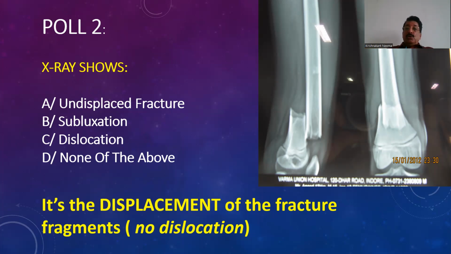Good. So this is an X-ray of an undeveloped skeleton. Why? Because you can see the epiphyseal plate and unfused epiphyses are still there. So in the presence of unfused epiphyses, you have to label it as an X-ray of a child, an X-ray of a growing skeleton.